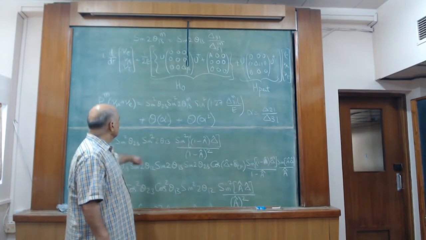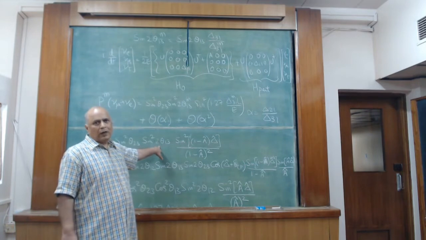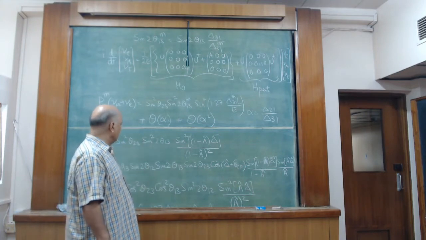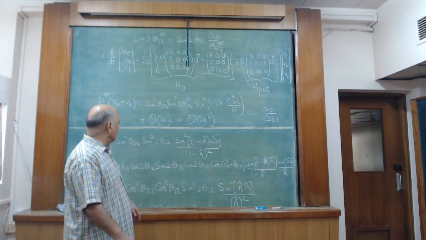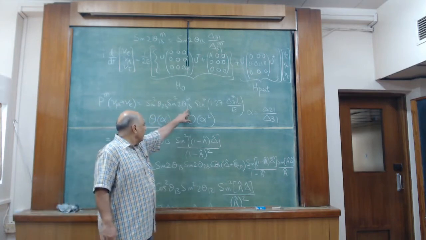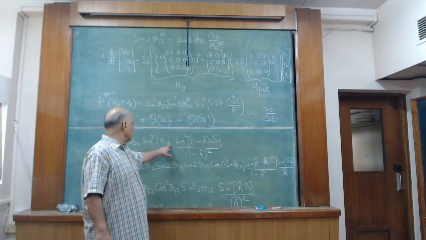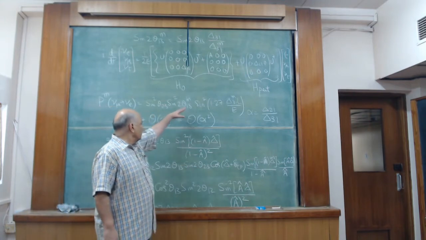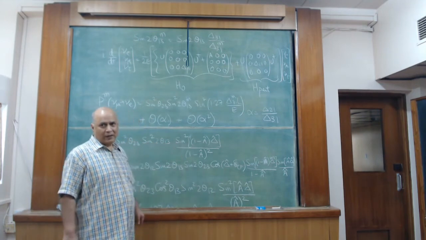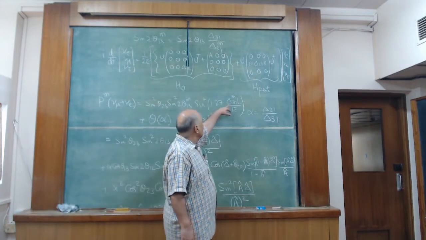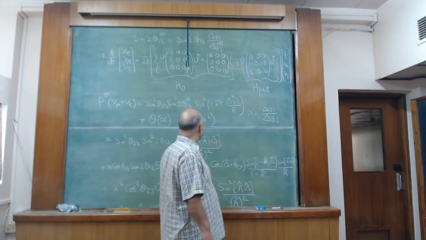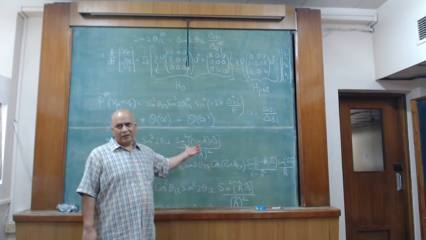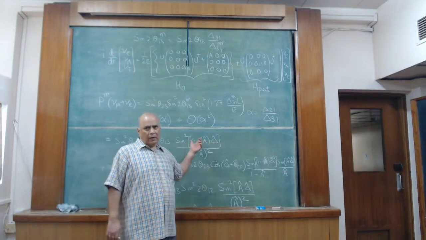So the leading term here and here, they are looking quite different, but one can show with a little bit of algebra that sine square 2 theta 13 matter is approximately sine square 2 theta 13 divided by 1 minus A hat whole square, or sine 2 theta 13 matter is sine 2 theta 13 divided by 1 minus A hat, and this delta 31 hat, this 1.27 delta 31 L over E, is approximately 1 minus A hat times delta hat.